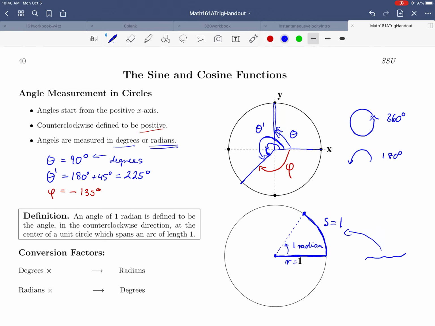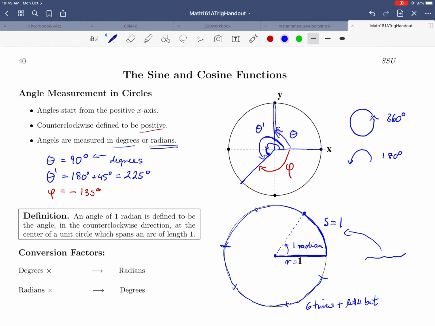And if I kept doing that, if I took my piece of string and wrapped it around another piece, and another piece, and another piece, I would get around a little bit more than 6 times. So halfway around the circle would be a little bit more than 3.